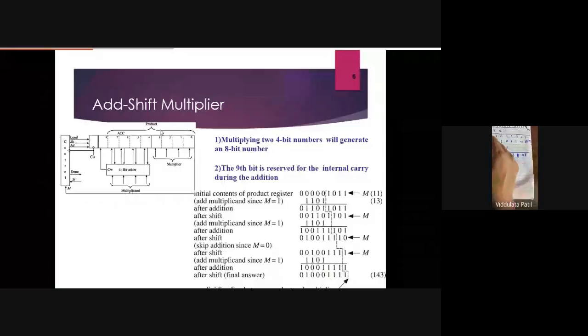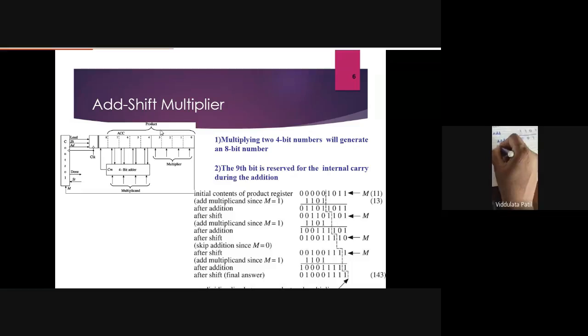Okay, so this is the addition. Now the next step, that is the shifting. Shift this number 1 bit right. So 0 1 0 0 1 1 1 1 0.